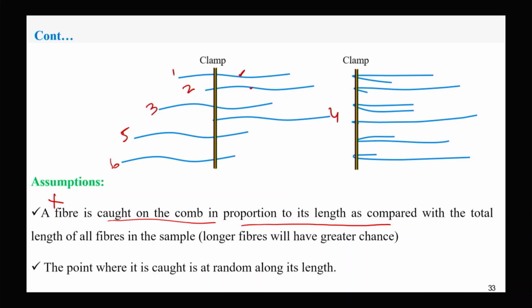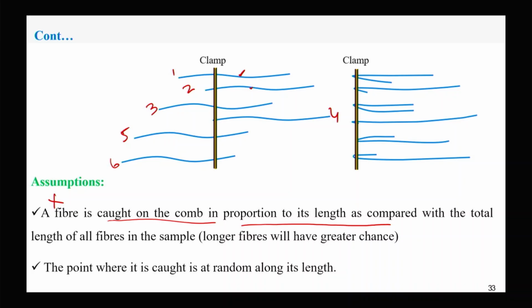You can see fiber 3 is picked approximately at the center, fiber 4 at the edge, the end point, and 1, 2, 5, 6 are selected at different points. Now the system is like that. Consider this is a single fiber, say fiber 1 here. Now it is picked in this fashion by the clamp, and what will happen?